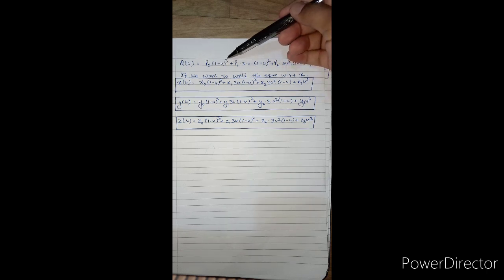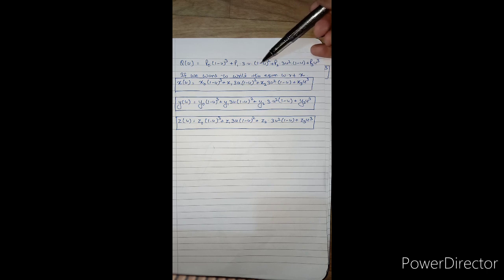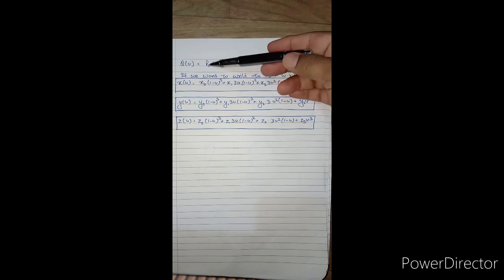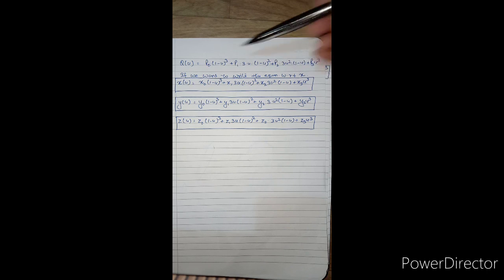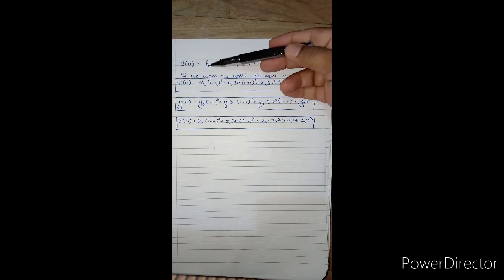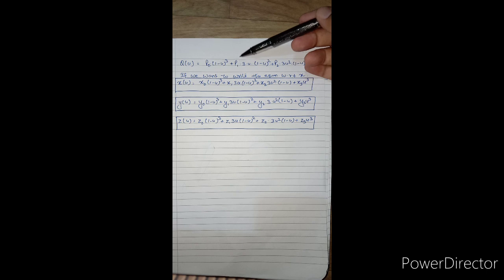This 1 minus u cubed is the value of b03. This 3u into 1 minus u squared is the value of b13. This 3u squared into 1 minus u is the value of b23, and this u cubed is the value of b33. And these are the pi's: for i equal to 0, p0, for i equal to 1, p1, for i equal to 2, p2, and for i equal to 3, p3.